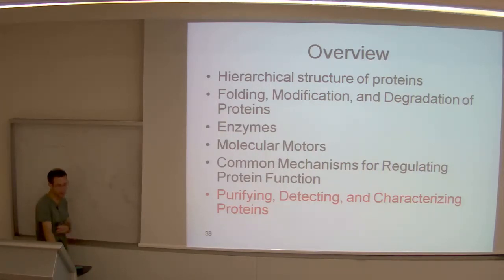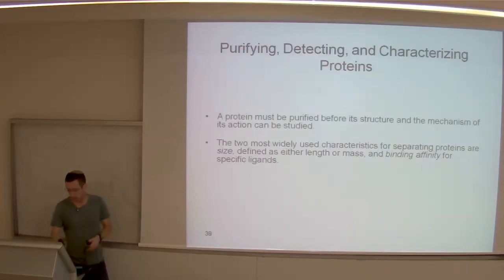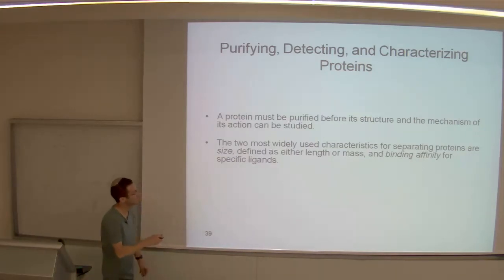And we will end this big chapter with describing some of the methods we have in our lab, in any lab, to purify, detect, and characterize proteins. So an obligatory preliminary step would be to purify a protein if you want to investigate its structure and its mechanism of action.